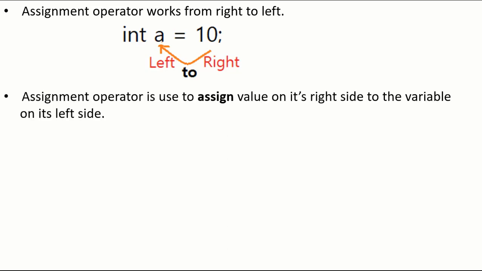Now assignment operator is used to assign value on its right side to the variable on its left side. What does it mean? Assignment operator is used to assign a value which is at right hand side of assignment operator to a variable which is at left hand side of the assignment operator.